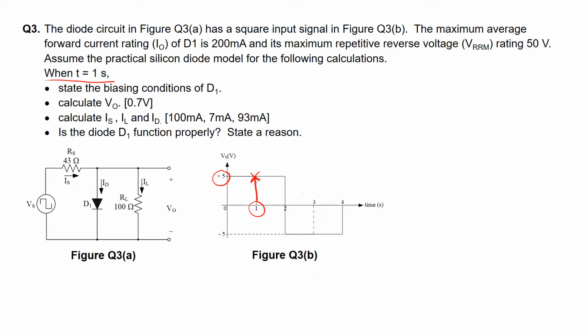So we change this Vs to this form here, plus minus Vs equals plus 5 volts. We can then redraw the figure Q3A like this.